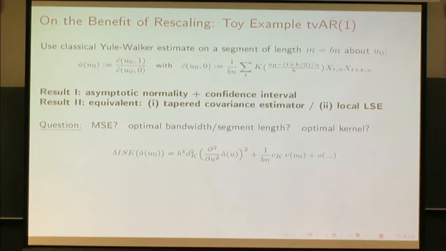It has nearly the same structure. It is the bias term squared, so the bandwidth squared, times the second derivative of the curve squared, times some constant coming from the kernel. Then we have 1 over the effective sample size, again a constant from the kernel, and the asymptotic variance.